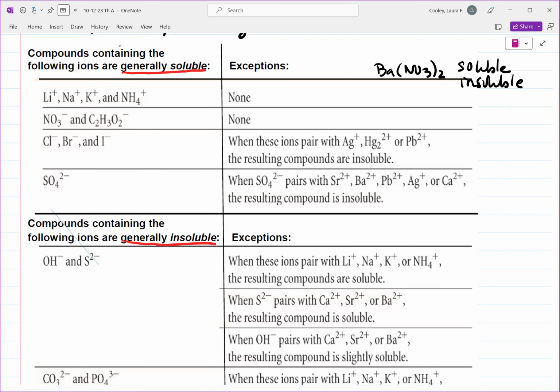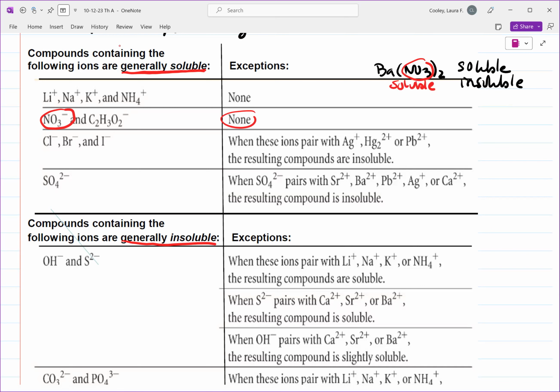Okay, so if you look on this chart, you see that nitrate is over here, and nitrate is in this compound. So barium nitrate is a nitrate. Nitrates are generally soluble, and there are no exceptions. So this guy is going to be soluble.